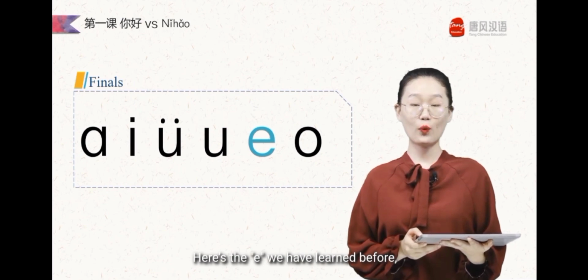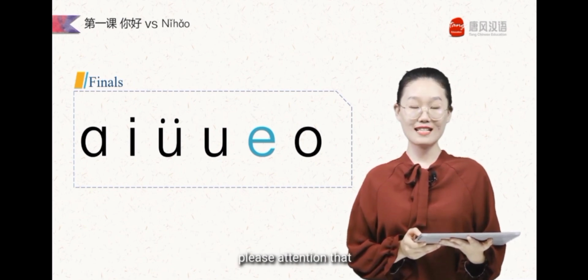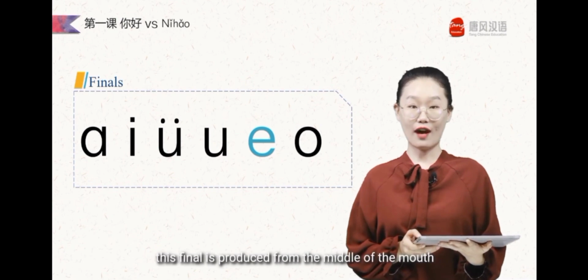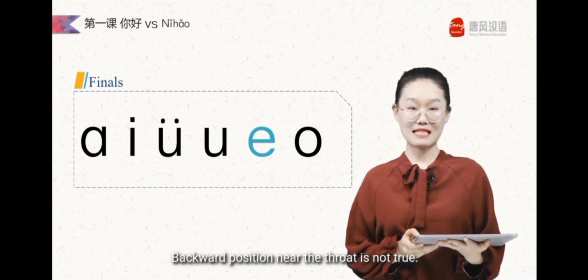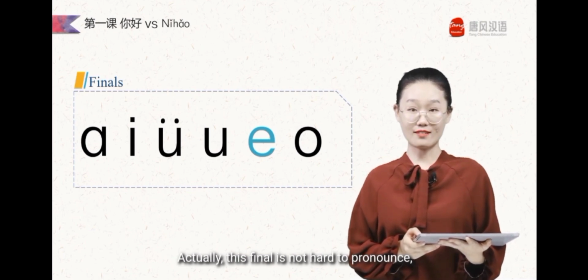Here's the final we have learned before. Please pay attention that this final is produced from the middle of the mouth or a little bit forward. Backward position near the throat is not true. Actually, this final is not hard to pronounce, as if you are smiling.